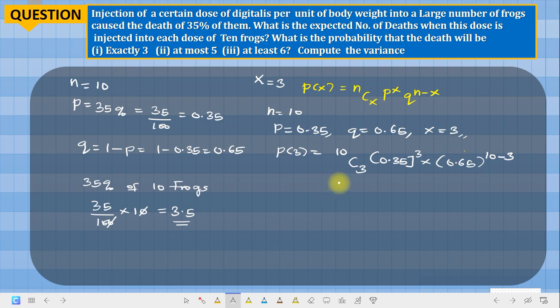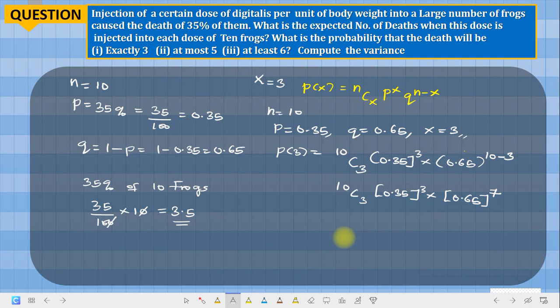Now this becomes 10 combination 3 bracket 0.35 raised to the power of 3 times 0.65 raised to the power of 10 minus 3, which is 7. Now when you punch this in your calculator, it's going to give us this.